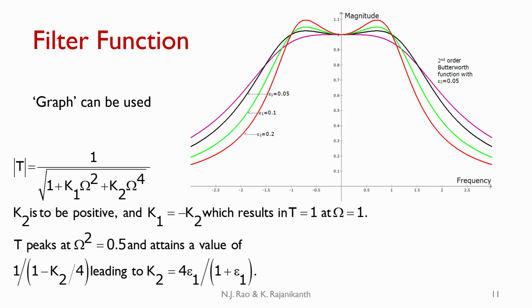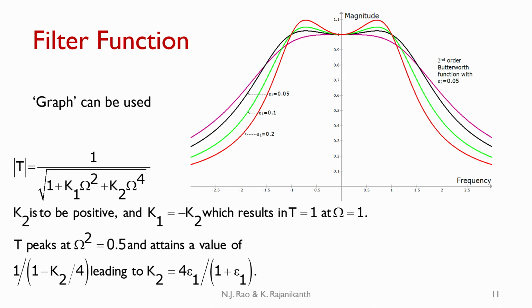As I keep changing k1 over several values, for example here k1 equal to minus k2, so there is only one parameter, I can draw several curves. Now I can see by changing the parameter how this particular filter is likely to behave.